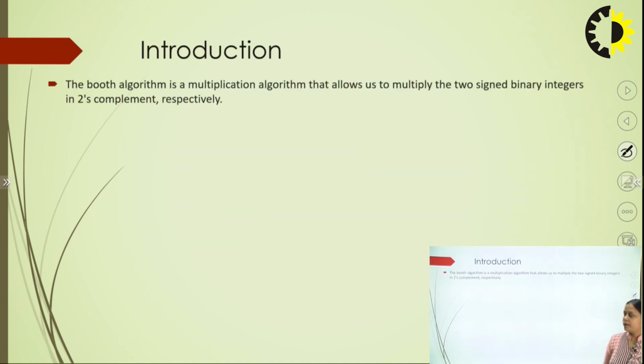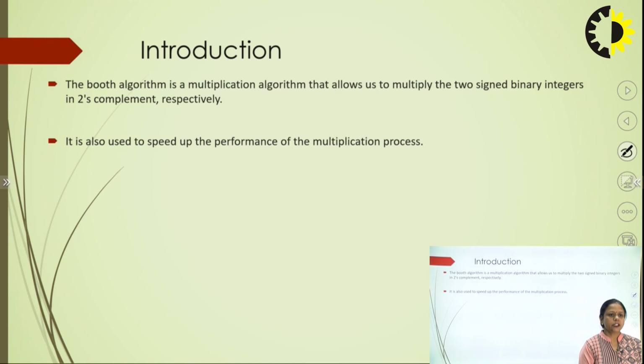The Booth algorithm is a multiplication algorithm that allows us to multiply two signed binary integers in 2's complement respectively. It is used to multiply two numbers, and it is also used to speed up the performance of the multiplication process.